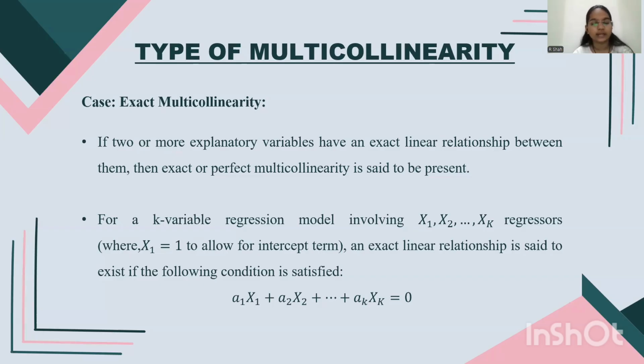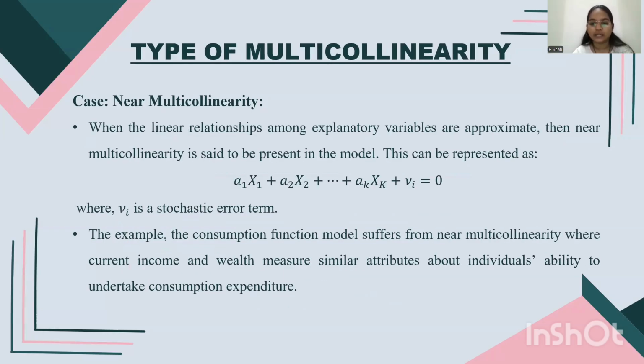But in near multicollinearity, there is this new term, a stochastic error term. In some books, the words disturbance or noise are also used for this. Stochastic means that randomness is present in the error.